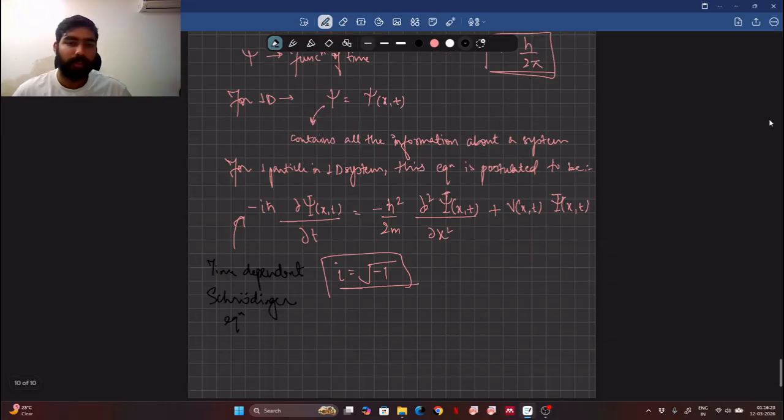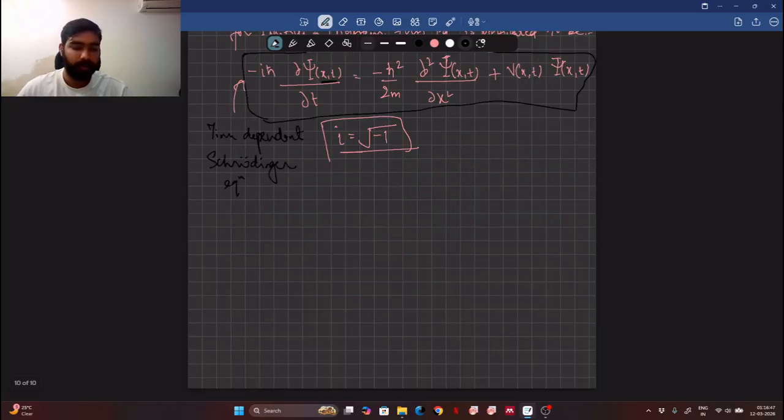This is one of the postulates of quantum mechanics, which represents a psi, which is a function of x and t both, and their differentiation with respect to x and t, and this equation is the time dependent Schrodinger equation.